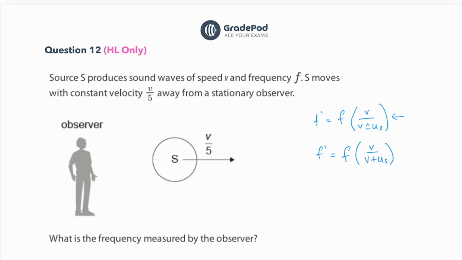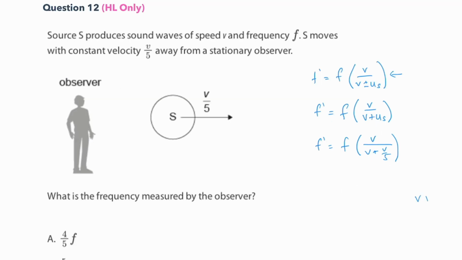Let's relate this equation now to the question. F dash equals f. The speed of sound is v, but the speed of the source is v over 5. What can we do now? Well, v plus v over 5 is the same as v plus a fifth v, which gives us 6 over 5v.